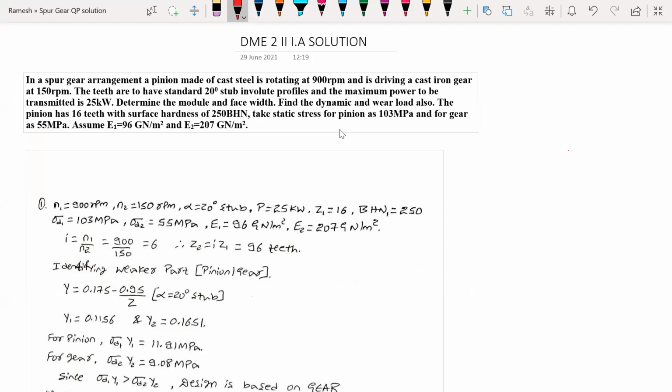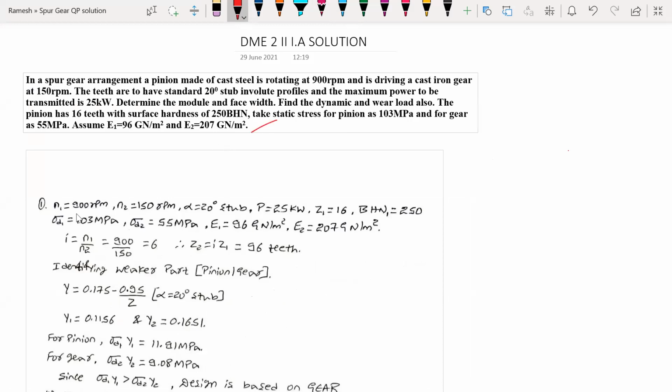In today's lecture, we are going to see a problem on spur gear. We'll read the statement. In a spur gear arrangement, a pinion made of cast steel is rotating at 900 RPM.